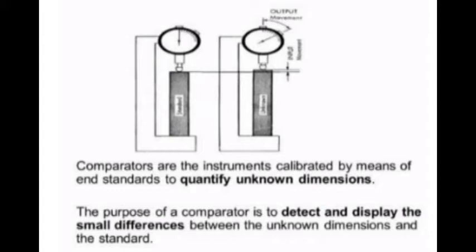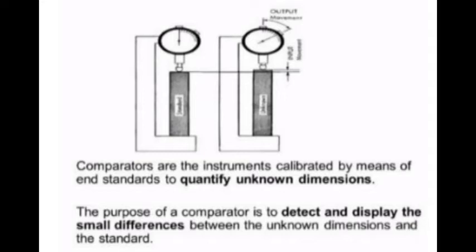Initially we place the standard on the table and set the reading of the comparator to 0. Then we remove the standard and place the workpiece of unknown size between the table and the spindle, and the dial indicator of the mechanical comparator shows the reading, which is the difference from the basic size.